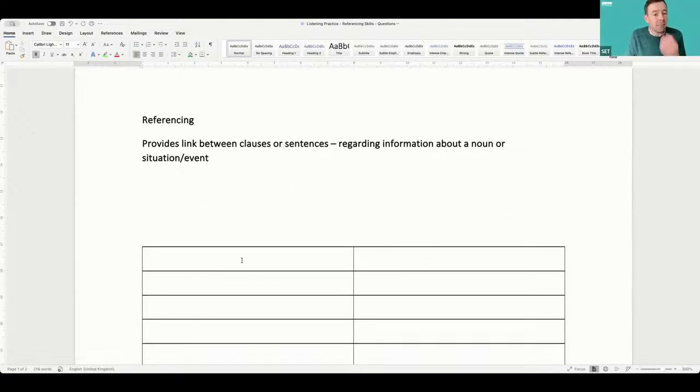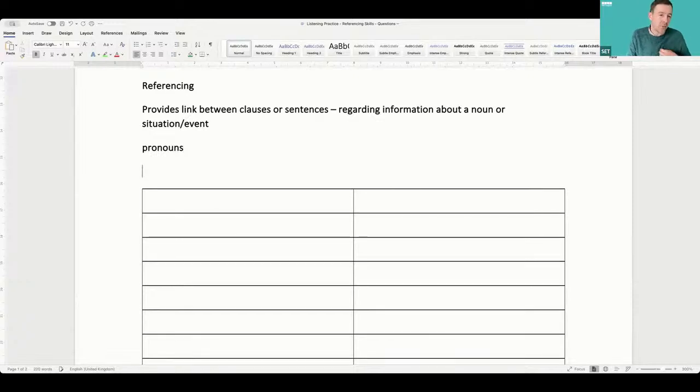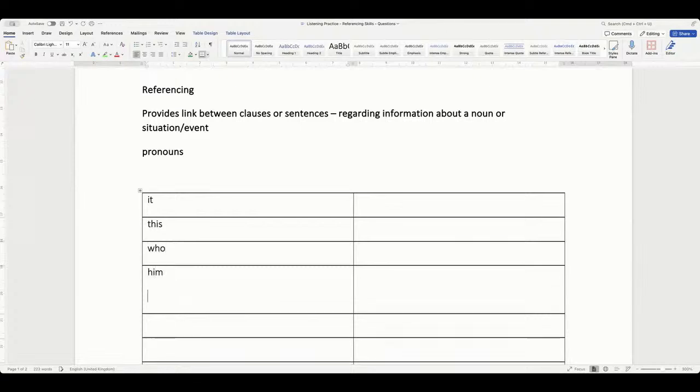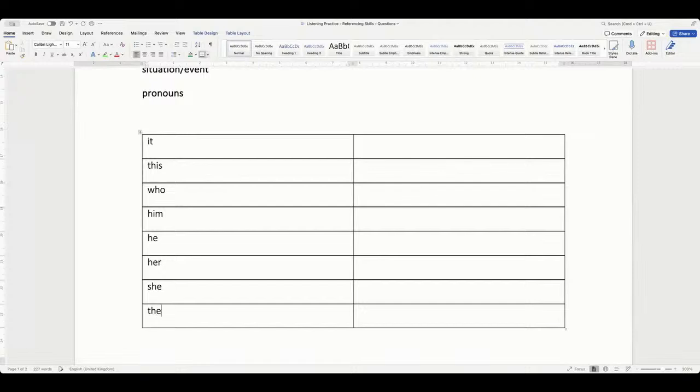Okay, well, let's think of some examples. Let's think of some pronouns. So it, this. Can anyone think of any? Who, him, his, her, he, their, they, them, we, us, those.